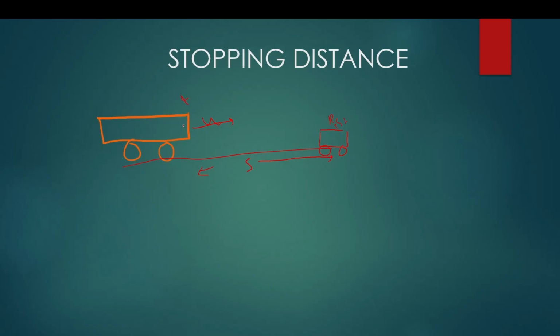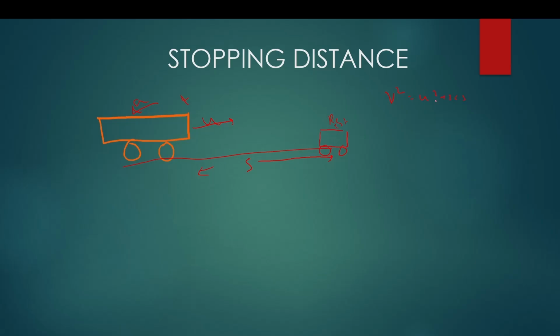So when the brake is applied, a retarded acceleration is given in the backward direction, because the tire will create a friction in the backward direction, so the retarded acceleration is a, which is negative. So we will use again the equation v square is equal to u square plus 2as.